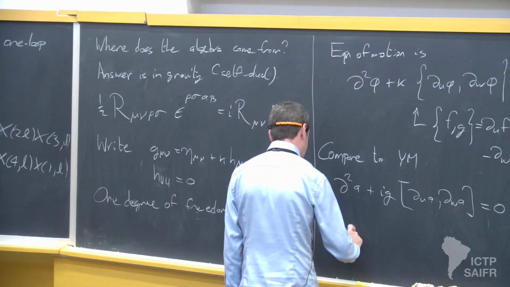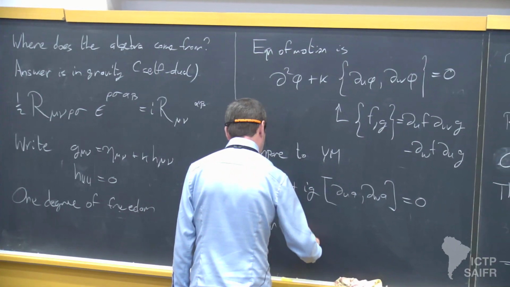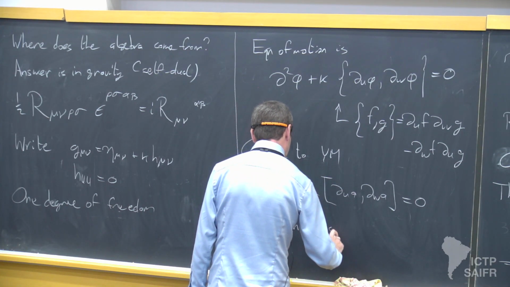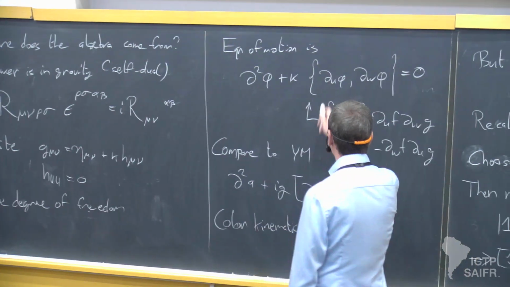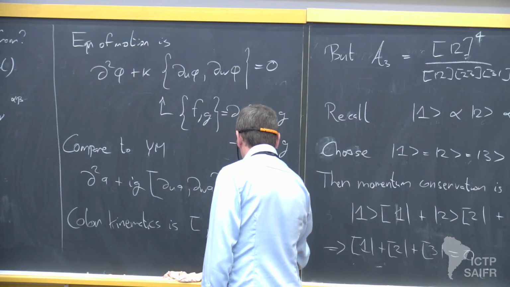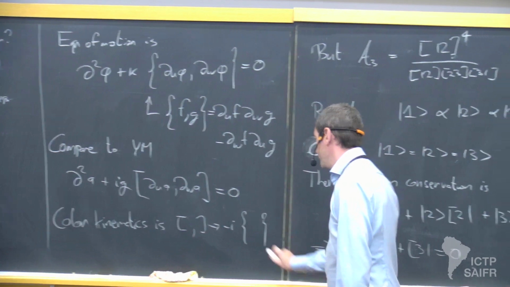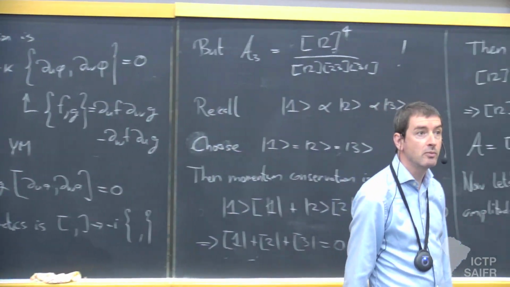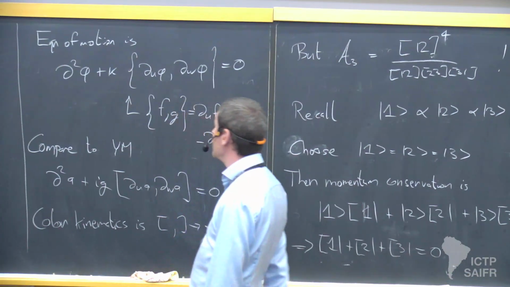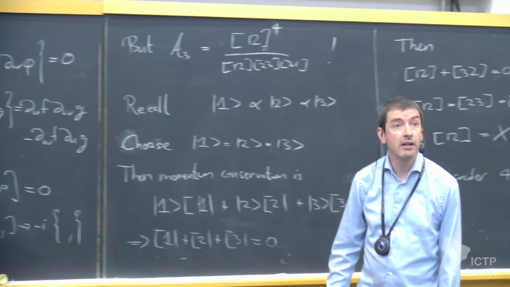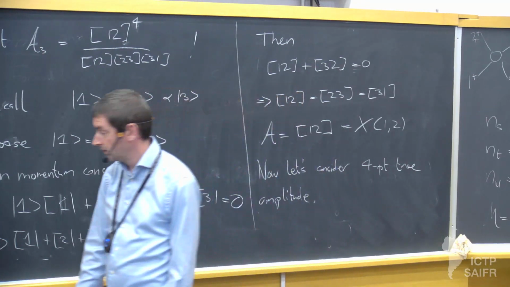So color-kinematics replaces a commutator with a Poisson algebra. This Poisson algebra is an algebra of area-preserving diffeomorphisms.